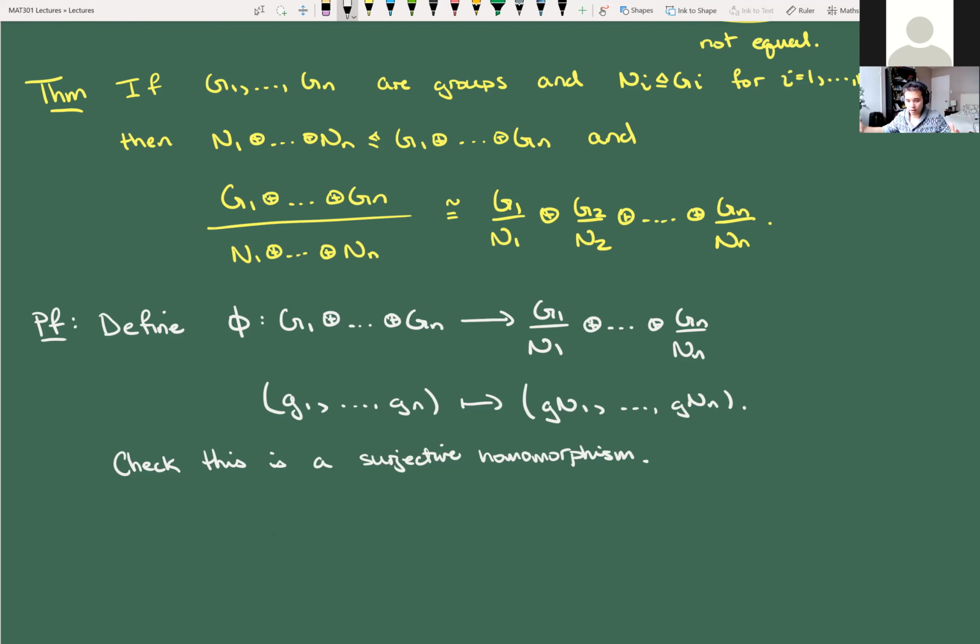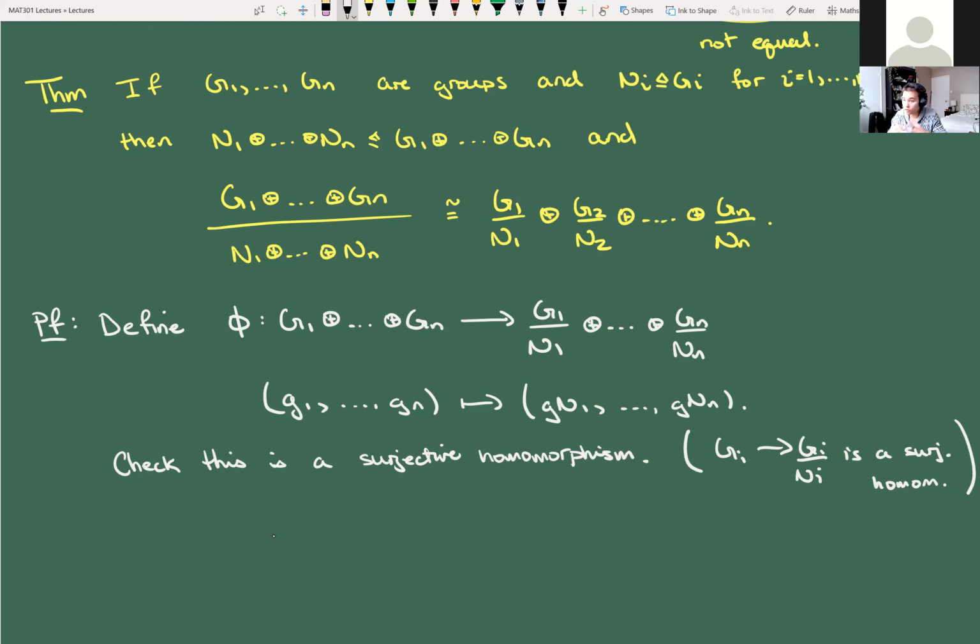And that map is also surjective. Each of those components is surjective, and therefore the map in its totality is also surjective, right? So basically all we're using is, over and over again, the map gi maps to gi Ni is a surjective homomorphism.